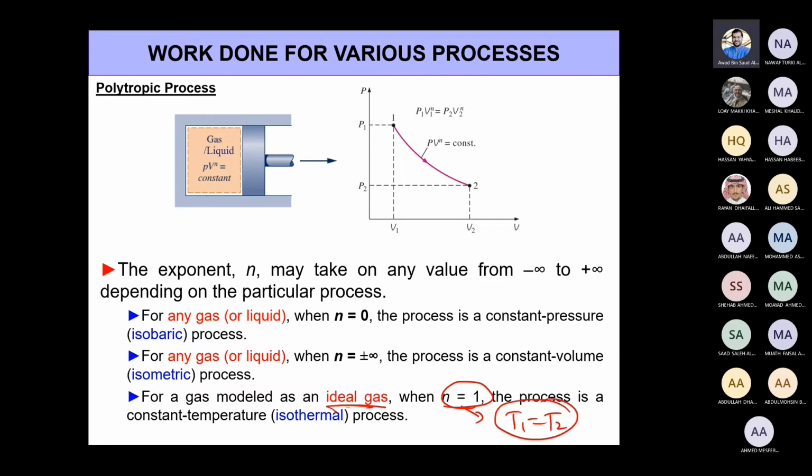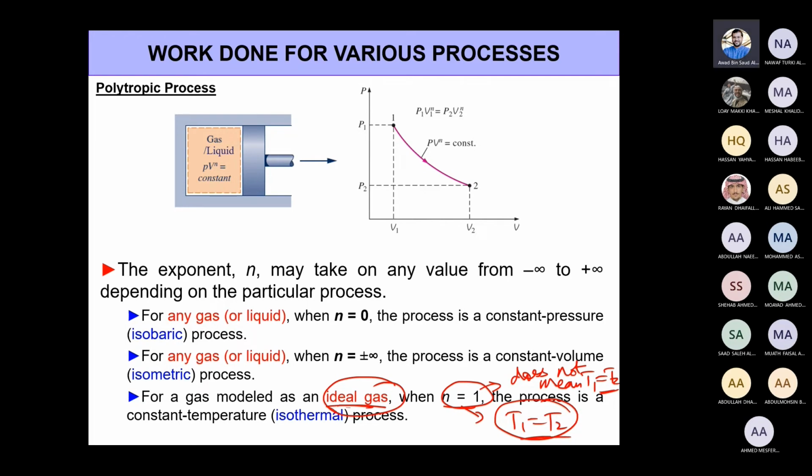That means it becomes an isothermal process. So remember, if we are not dealing with an ideal gas, then n equal to 1 does not mean T1 is equal to T2. Only if you're dealing with an ideal gas can you come to this conclusion. Okay, so this is really important.